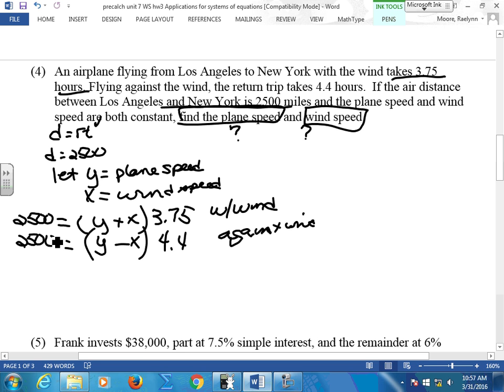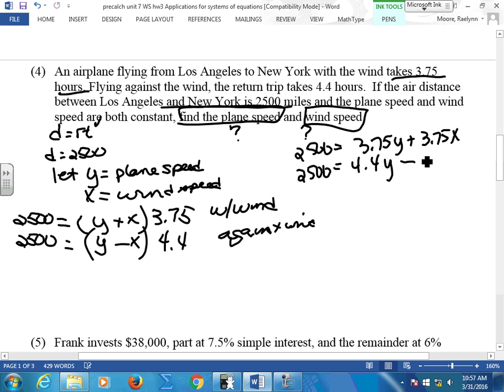You're going to distribute this. Let's take a look at what this gives us. And distribute the next one, minus 4.4x.